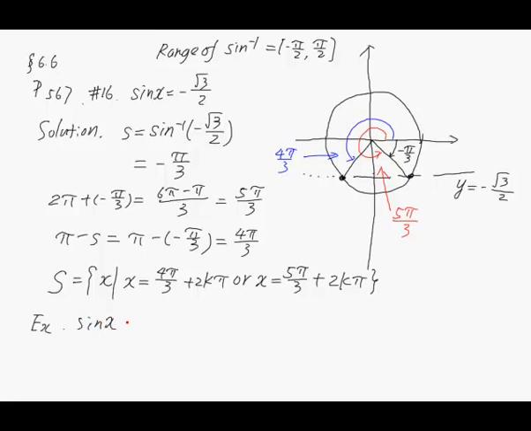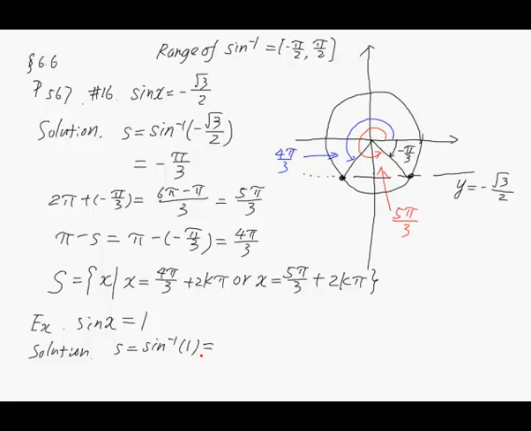Sine x is equal to 1. Okay. So first, let's use the inverse sine to find one special solution. So here the special solution s is the inverse sine of 1.